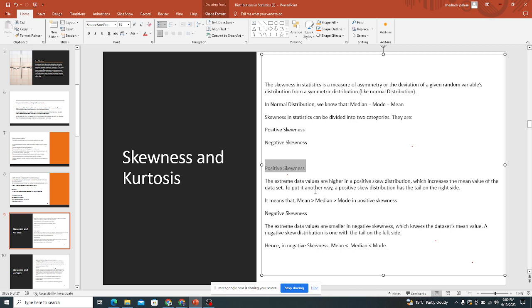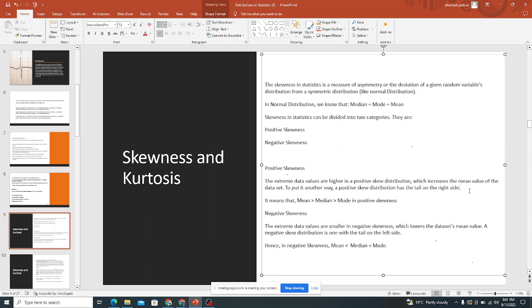To put it all together, a positive skewness distribution has the tail long on the right side, meaning we'll have outliers at the right side. Whenever we have a long tail, that is where we will have most of our outliers. If the values within the tail are high, definitely they will push the mean.